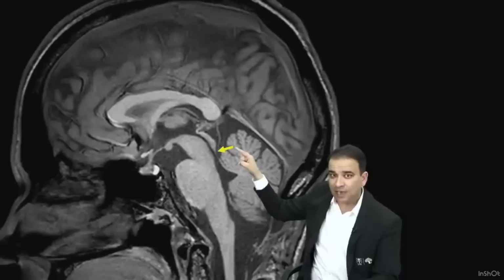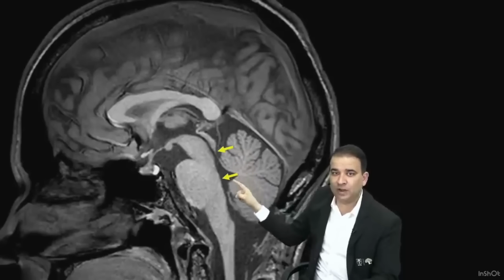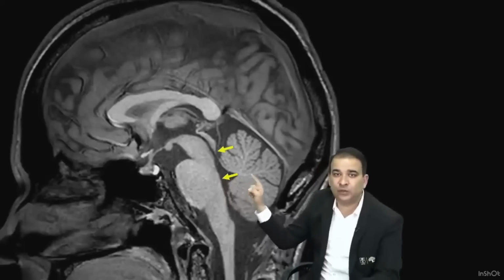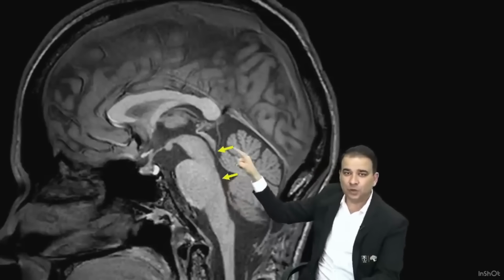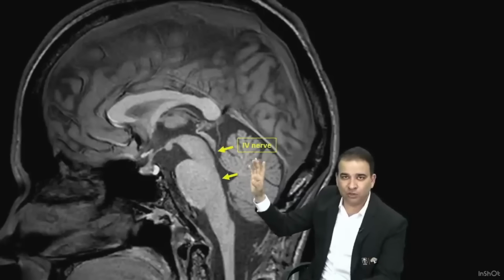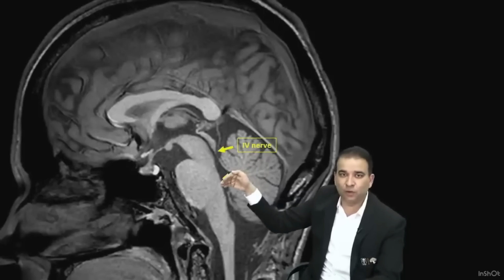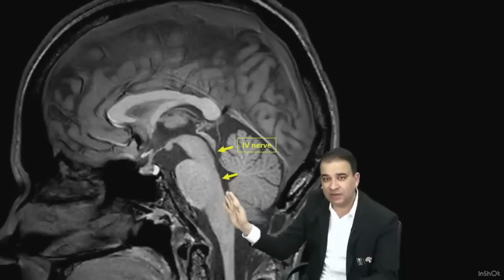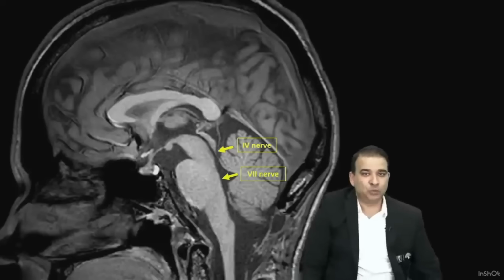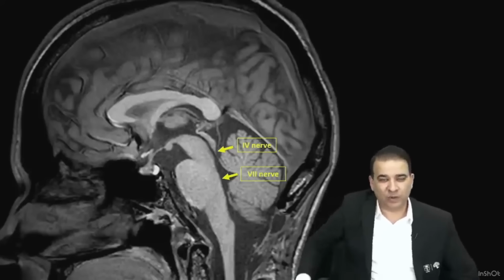But if the arrow is placed inside the floor of the fourth ventricle, we expect to see the facial colliculus, where the facial nerve winds around and then goes forward. So the facial nerve would be the answer in that case.